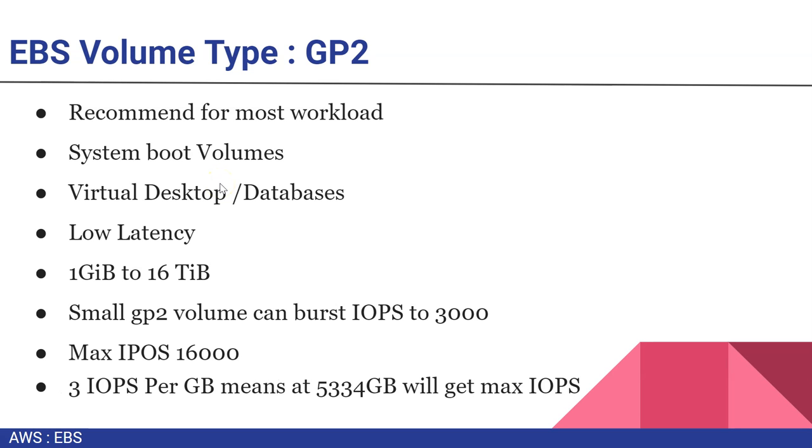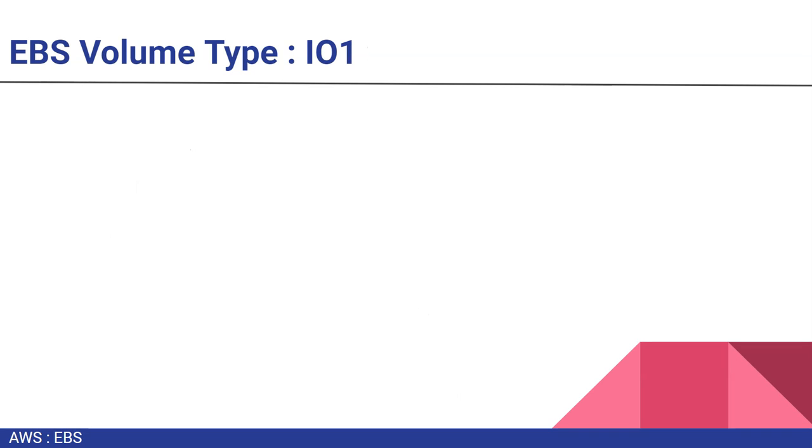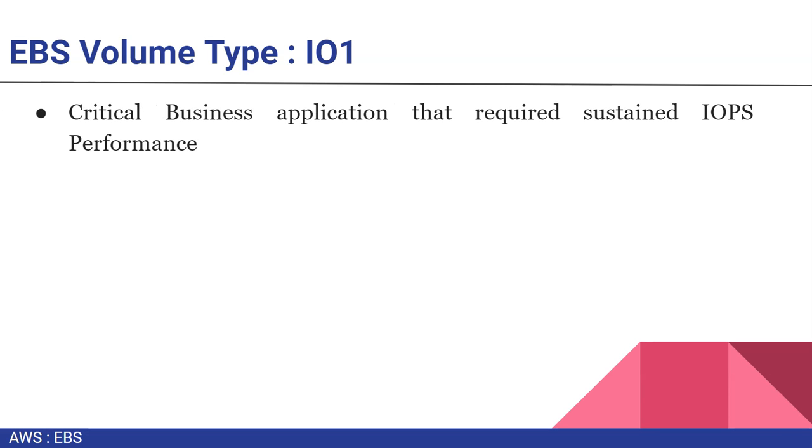We missed the 3 IOPS per gig, but we already discussed that, no problem. Let's move to IO1. IO1 is the provisioned IOPS SSD. This is again an SSD type, and it gives the highest performance among the volume types. It is used for critical business applications that require sustained IOPS performance, with very low latency and high throughput.